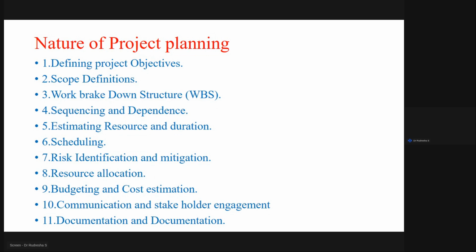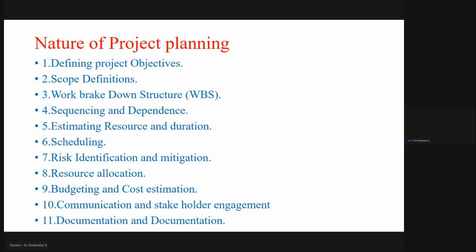Next, budgeting and cost estimation. Project planning involves developing a budget by estimating the cost associated with each activity, including the resources, materials, overhead and contingencies.